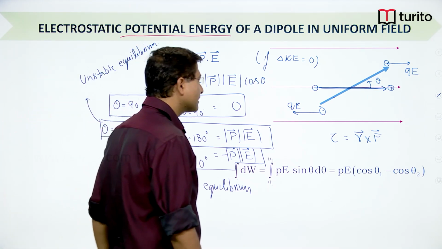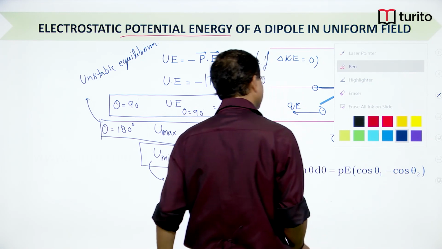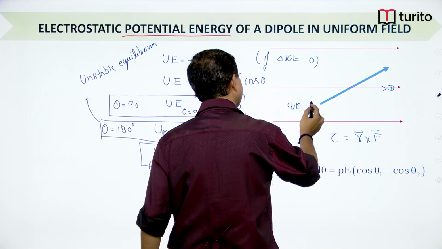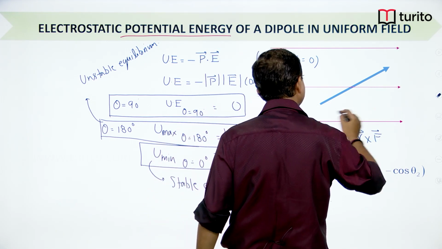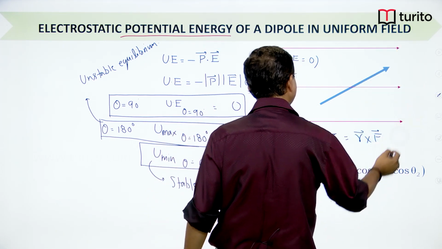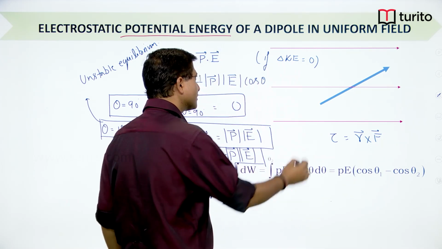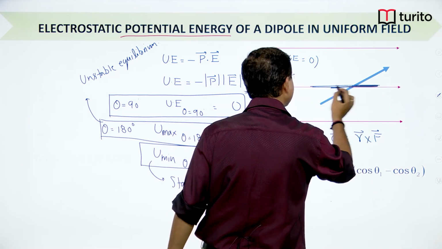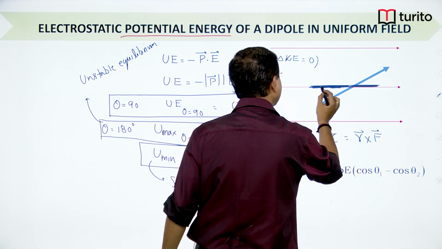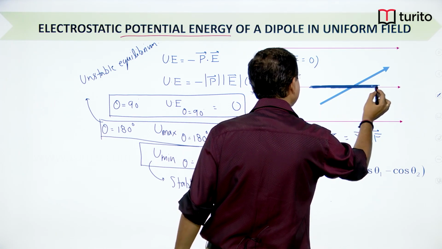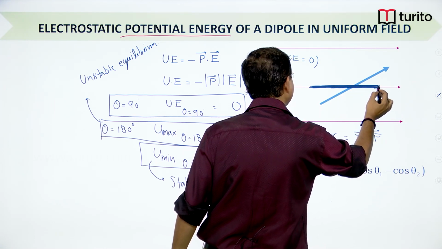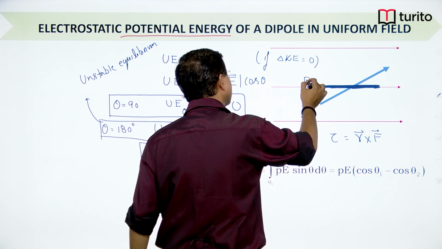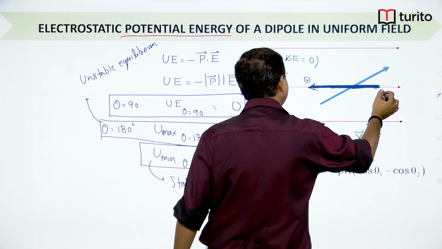Now instead of placing it this way, if I place the dipole this way, look at the diagram. Now I am placing the positive charge here and the negative charge here.